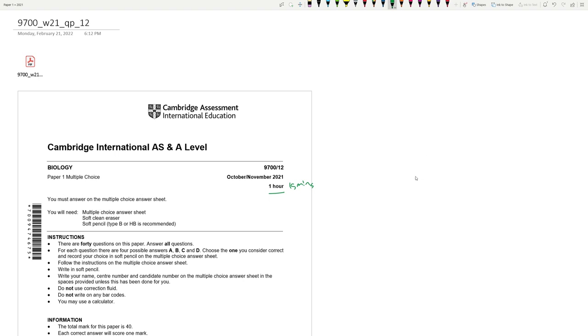Before that, I just want to talk about the threshold. This is paper 1-2, right? A was at 27, B was at 24, C was at 20, D was at 16, and E was at 13.